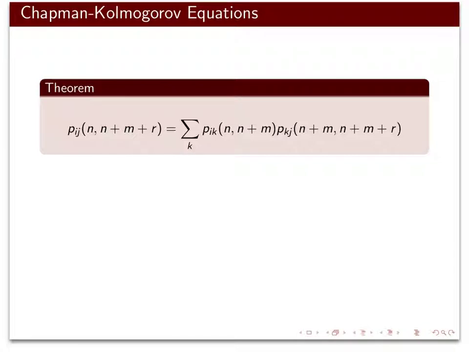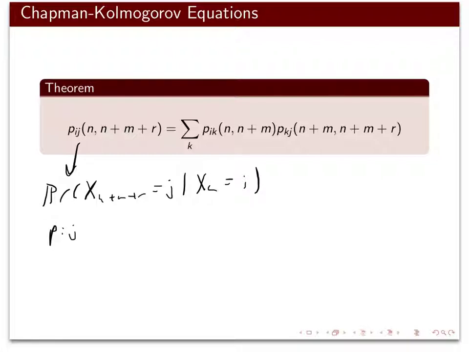And now we come to another fact about Markov chains. Here the notation is Pij(n, n+m+r). This is the probability that X(n+m+r) equals j, given that Xn equals i.